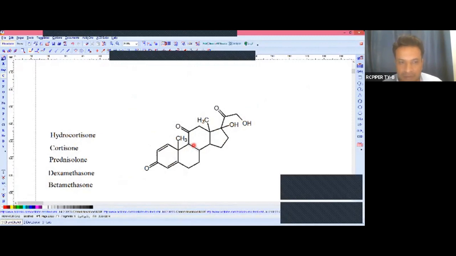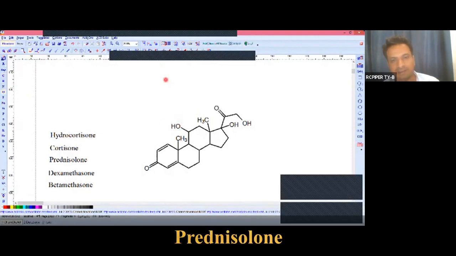But if you reduce the carbon number 11 carbonyl group to a hydroxyl group, then that compound becomes prednisolone. Now this is prednisolone. So hydrocortisone to cortisone, the 11 position was oxidized.